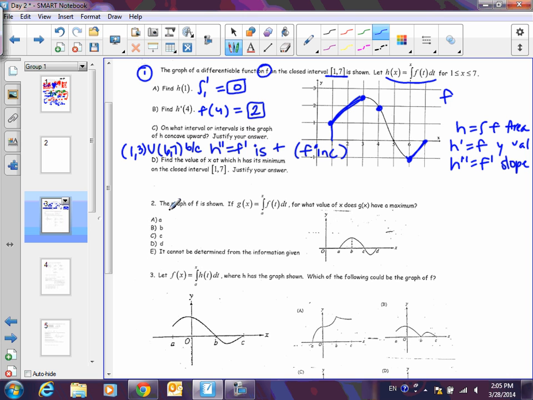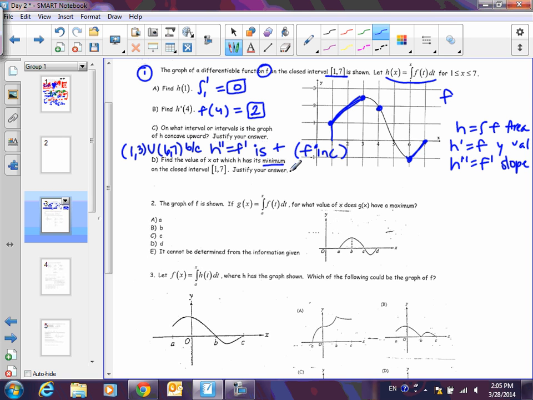Okay, D says find the value of x at which h has its minimum. So just reading that, does that make you think about relative or absolute? If I said, where is its minimum? Absolute. That kind of sounds definitive, absolute, okay?